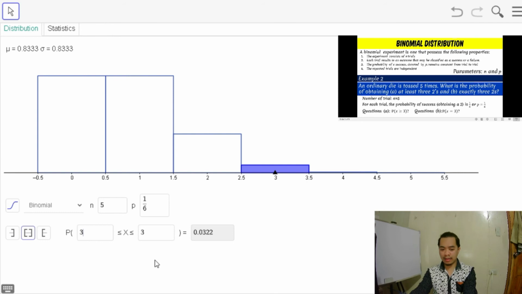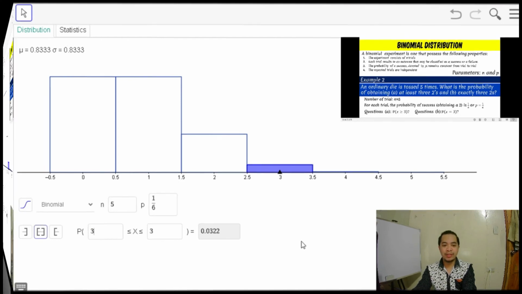This means that x is exactly equal to 3. And the probability is 0.0322. It's almost the same value as we computed a while back, but it's just different in the third to fourth decimal values. Alright, so that's an example of a problem where we can use the binomial distribution.